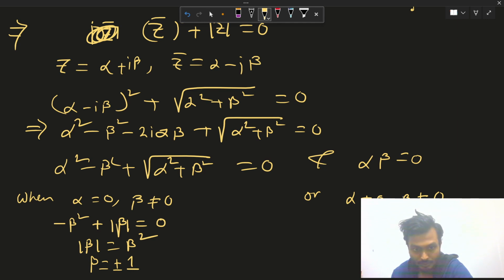In the other case, when beta is 0, what will happen? Alpha square plus mod alpha is 0. This is not possible because alpha square would have to equal minus mod alpha. Alpha was real here, so this is possible only when alpha is 0, but alpha is 0 contradicts this assumption. So this is not possible.